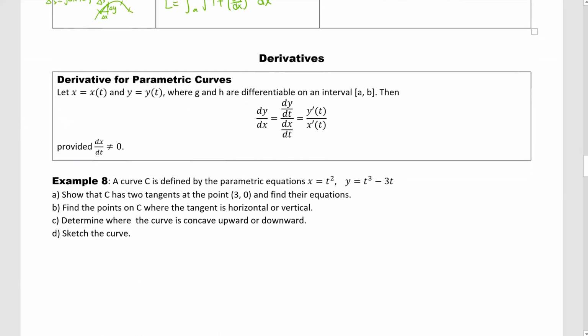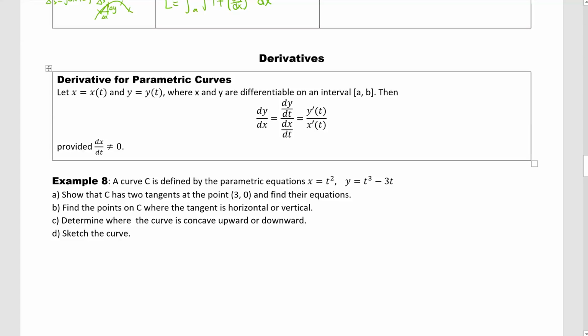Alright, so first of all, let's look at derivatives. Derivative for a parametric curve. Let x and y be functions of t, and they are differentiable. So here I should say where x and y, we consider them functions of t, differentiable on the interval AB.